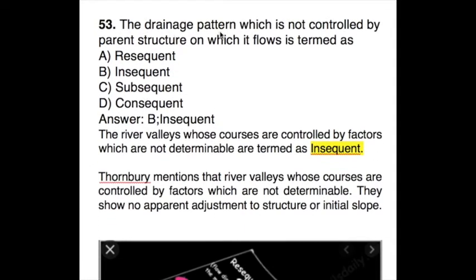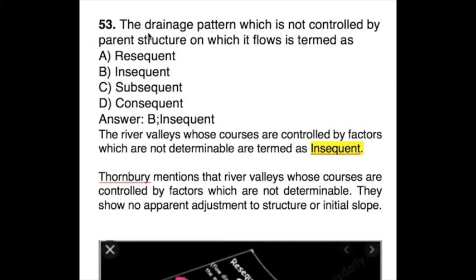The drainage pattern which is not controlled by parent structure on which it flows is termed as, there are four options. It is insequent. We have already discussed insequent.